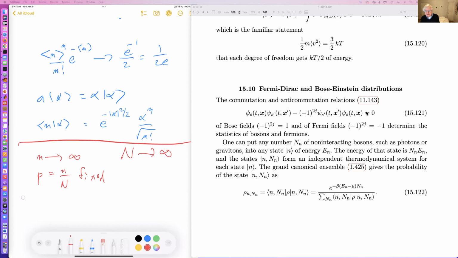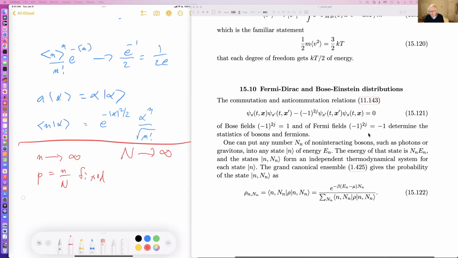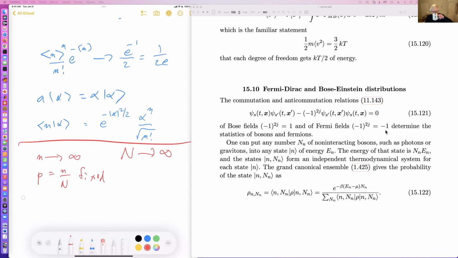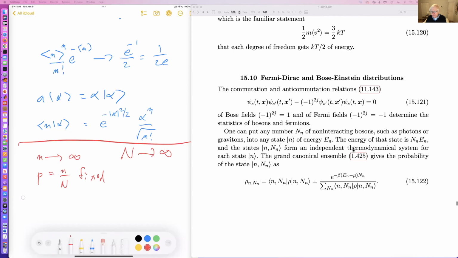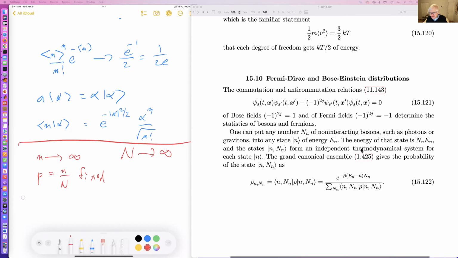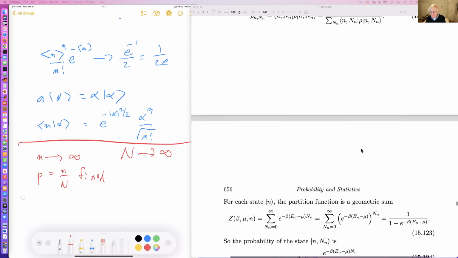Now, the commutation and anti-commutation relations of quantum fields, whether Bose or Fermi. Bose means that the intrinsic spin is integral or 0, and for Fermi fields it's half odd integral. In the case of non-interacting bosons, you can put an arbitrary number into the same energy state.